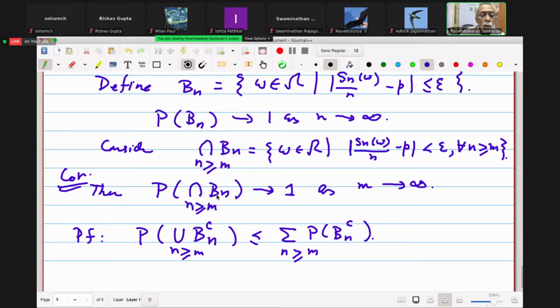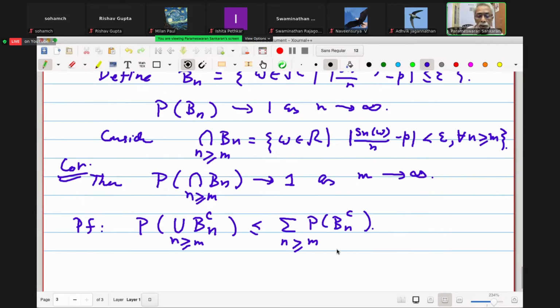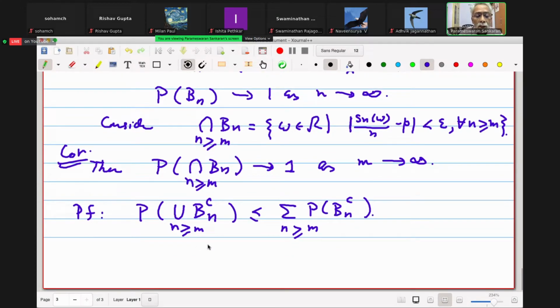So again, look at the complement. This is the probability of the union of Bn complement, n bigger than or equal to m, and that is less than or equal to the sum of the probabilities of the individual sets. But for each one of these Bn complement, there is a contribution coming from the positive side and the negative side.